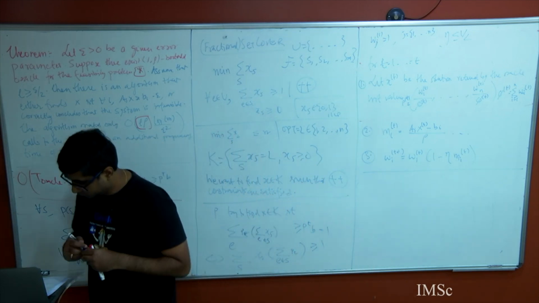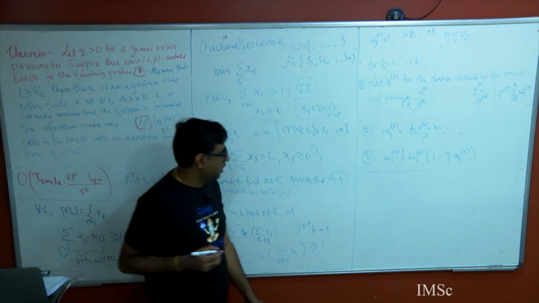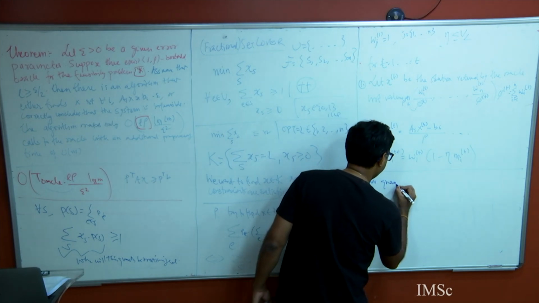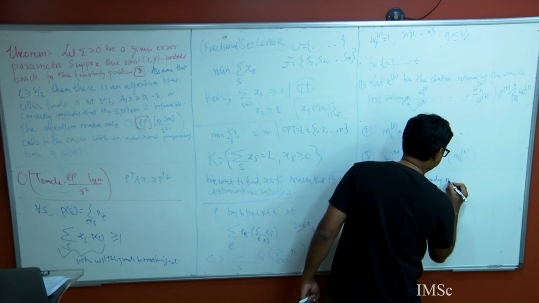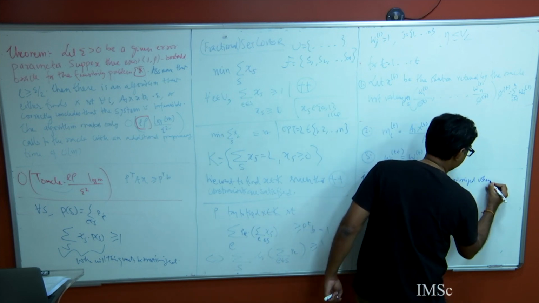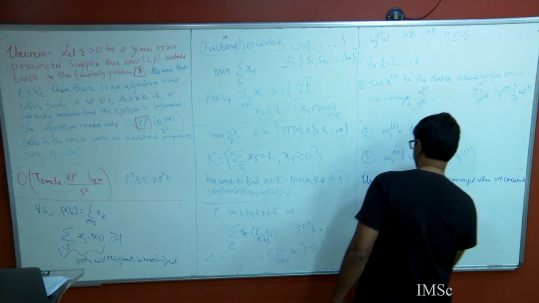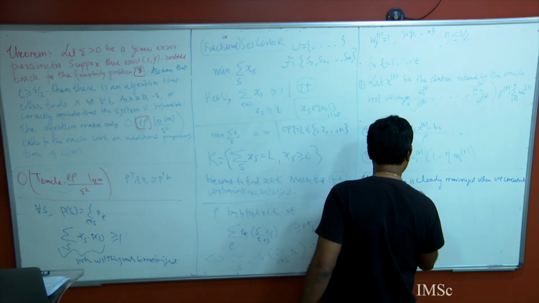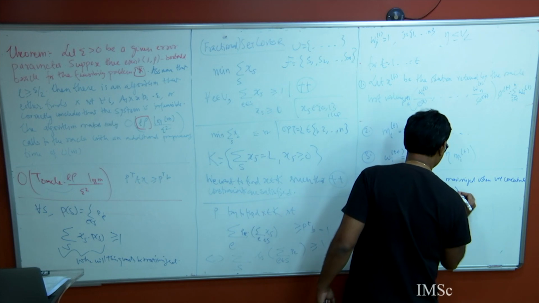Now, okay, so this quantity, if you think about it, is clearly maximized when we concentrate over the set that maximizes P of x.